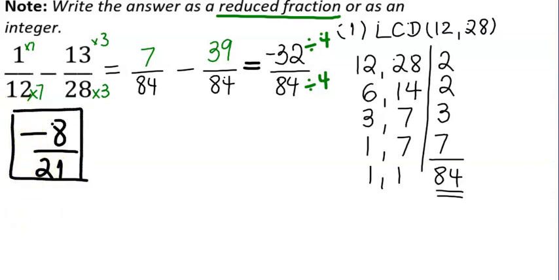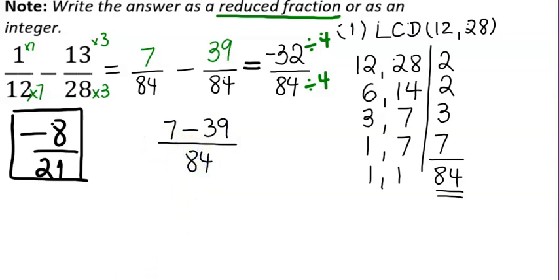And if you put this answer here, it is incorrect, because you know what to do, but did not pay attention to how they want your answer. Okay? Question, yes. Now, there is not a double negative. So when you put this together, this will be 7 minus 39 divided by 84, right?